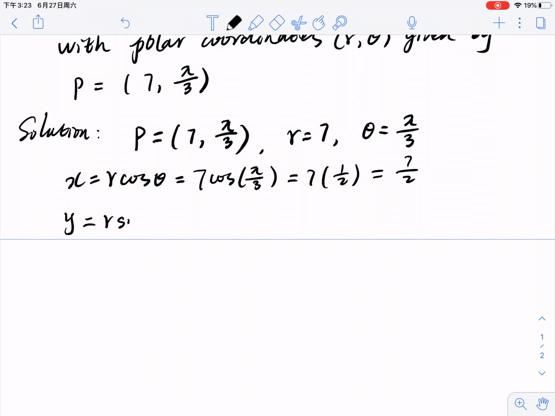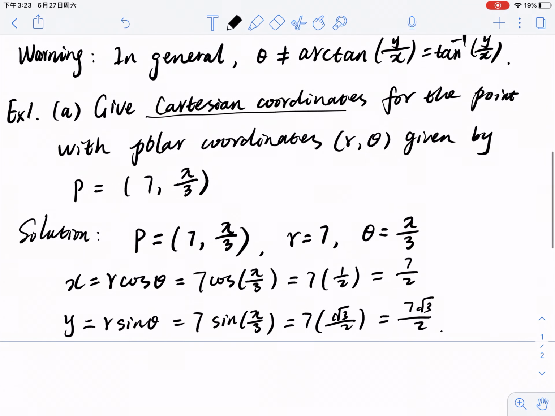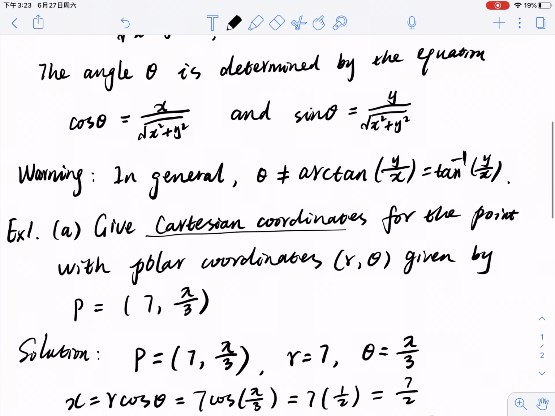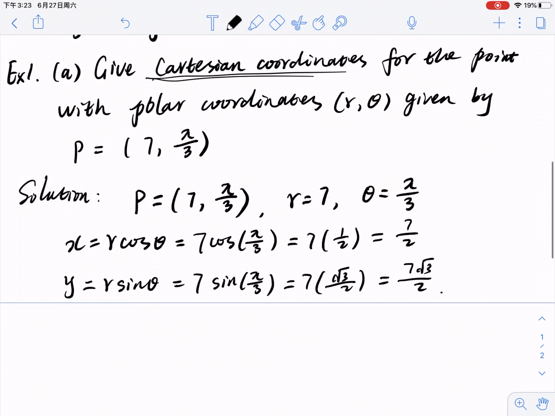Y is 7 sine pi over 3, so it's 7 square root 3 divided by 2. So its Cartesian coordinates are 7/2, 7 square root 3 divided by 2.